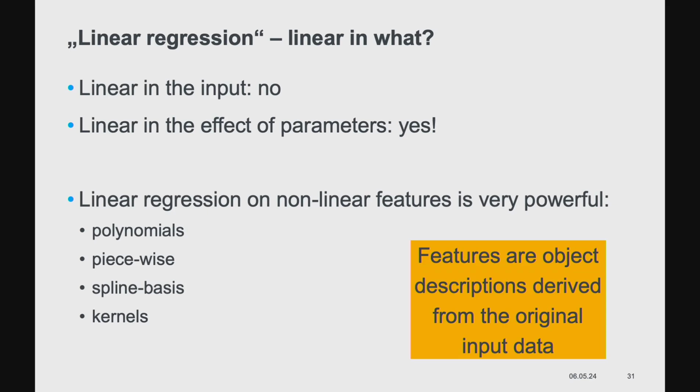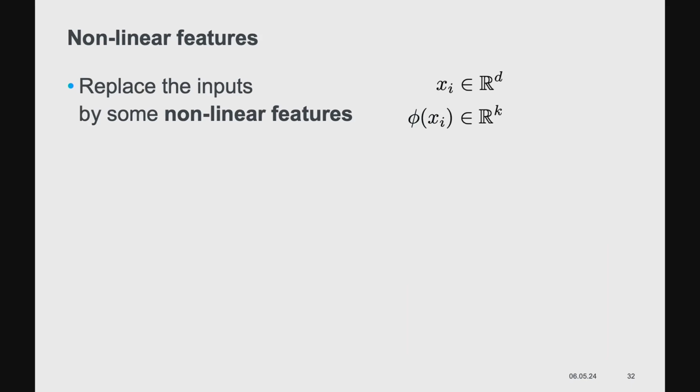Polynomials, piecewise. And the features are now object descriptions. If we have an object description, often this is a vector x. Now we change this x and turn this x into something else, namely a feature vector. So we take these inputs, xi, these are vectors in R to the power d, and we replace them by some nonlinear features.